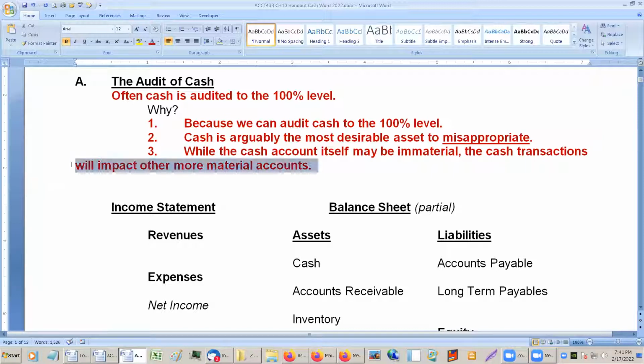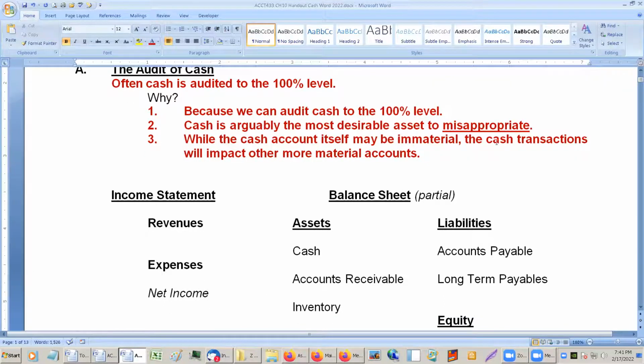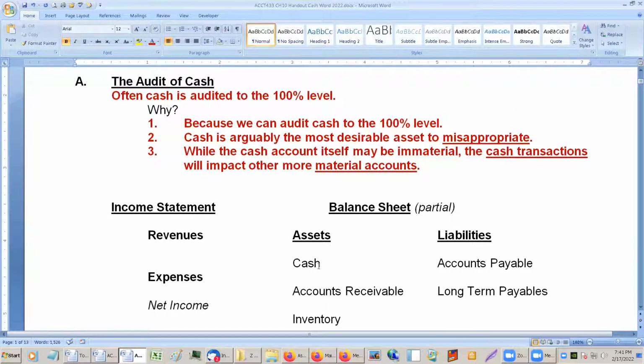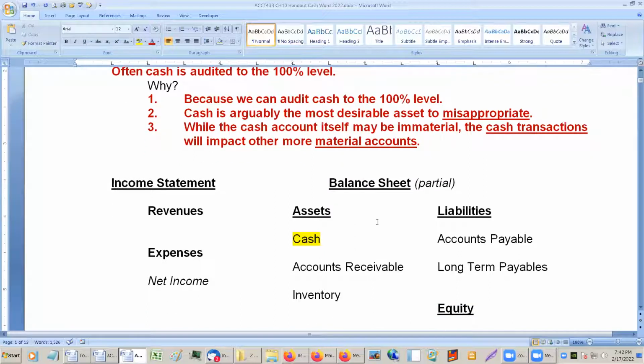Okay, well, cash itself might be immaterial. And coming down here, so if we're looking at the assets, let's say that we are looking at the cash account. Well, notice something: what affects the cash?